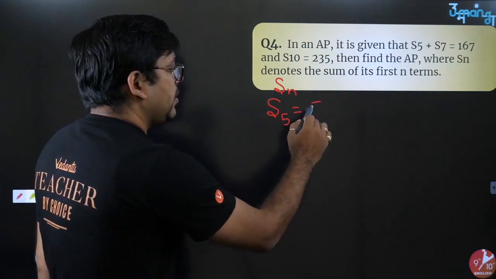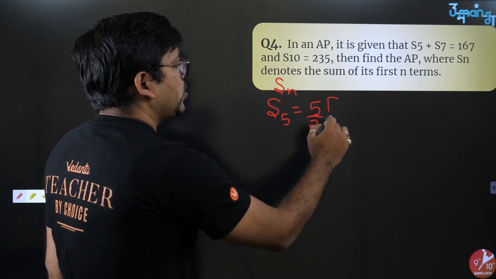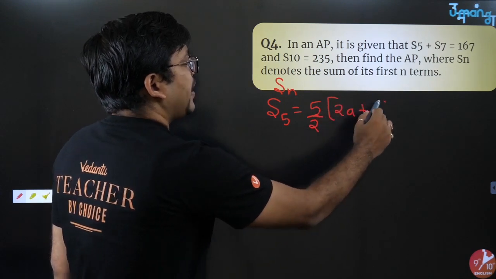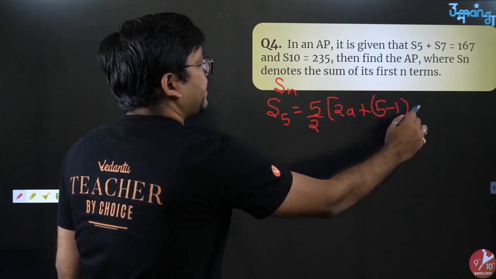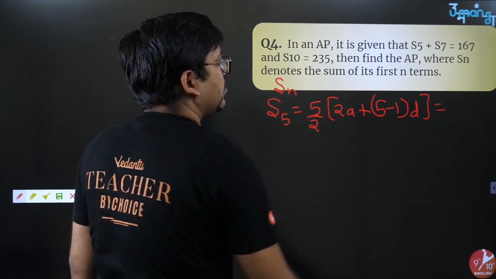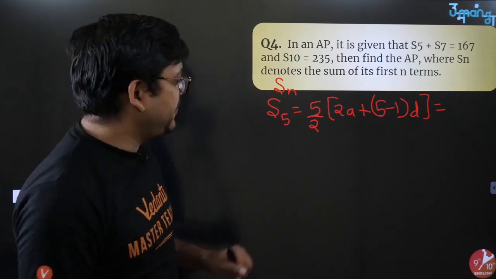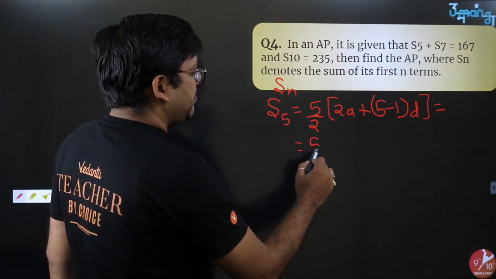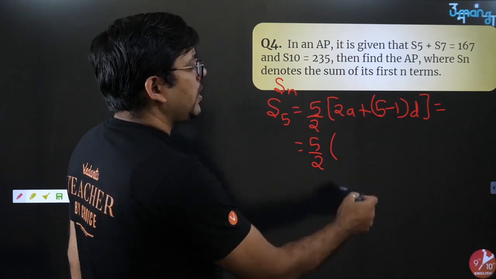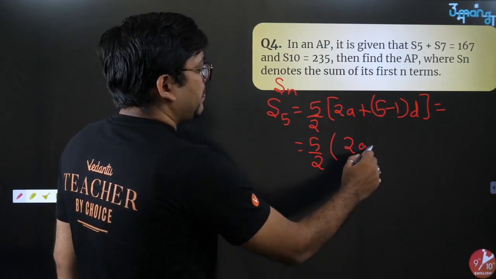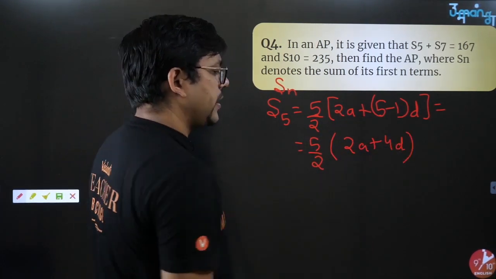So S5 will be 5 by 2 into (2a plus 5 minus 1 into d), that is 5 by 2 in bracket 2a plus 4d.